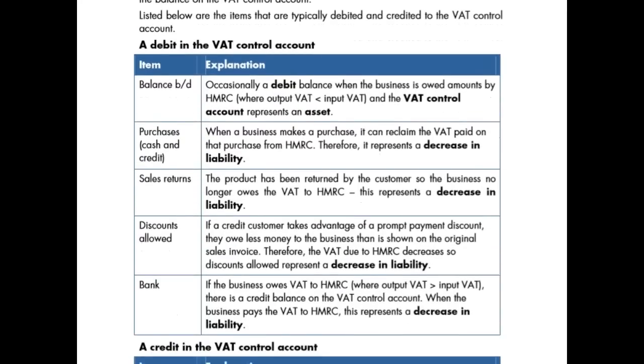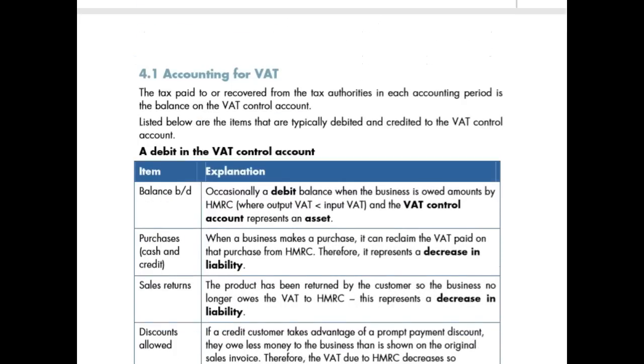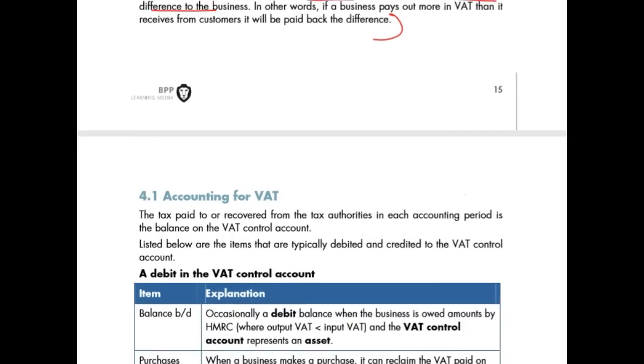What items go on a VAT control account? A VAT control account looks like this: DR, CR, VAT control account. All income related VAT are credit. Income related VAT like sales, discount received, or liability.